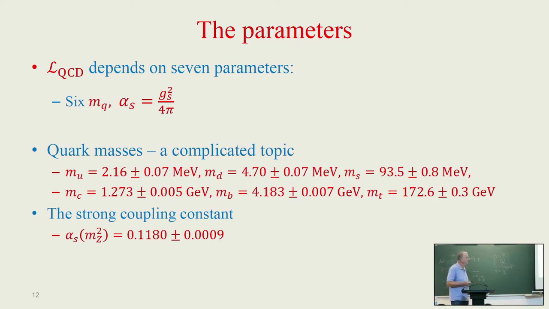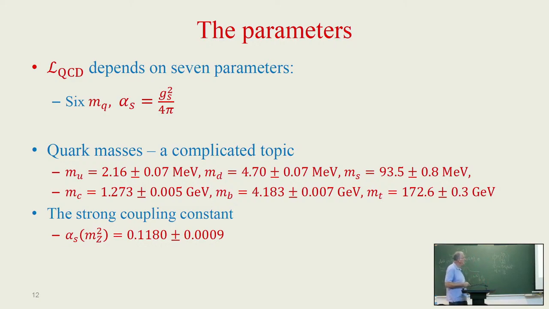It has 7 parameters: 6 quark masses, and a single coupling constant. Instead of GS, we often use alpha strong, which is G strong squared over 4 pi. So these 6 masses are, instead of this complex 3 by 3 matrix, which has a priori 18 parameters, only 6 combinations of these are of physical significance.